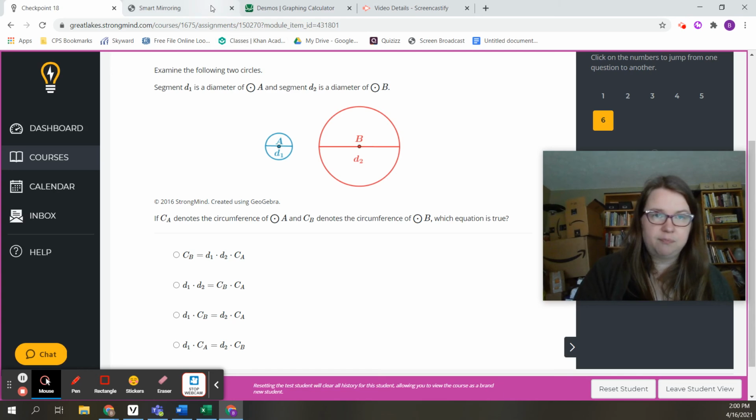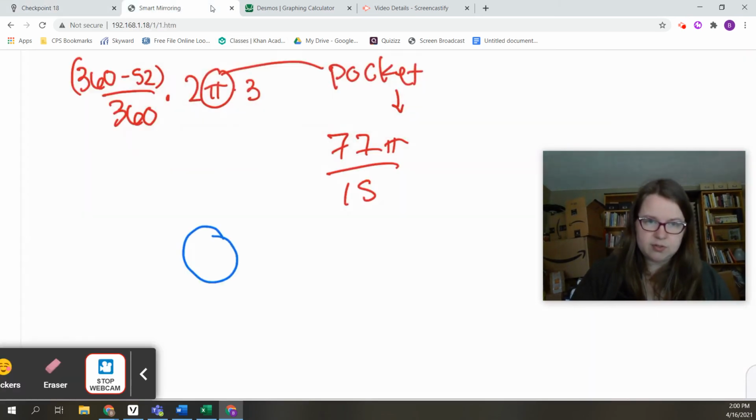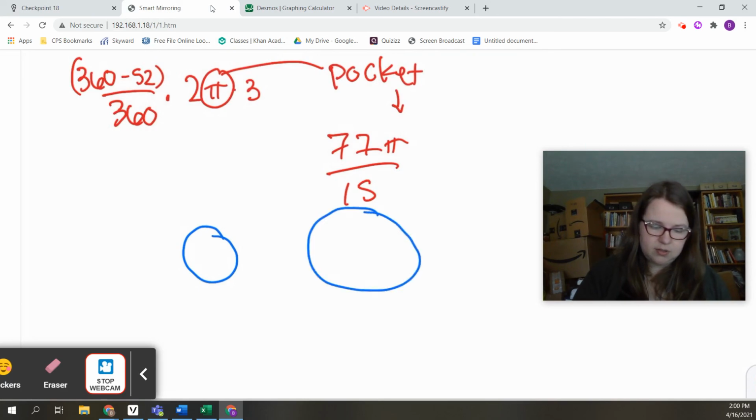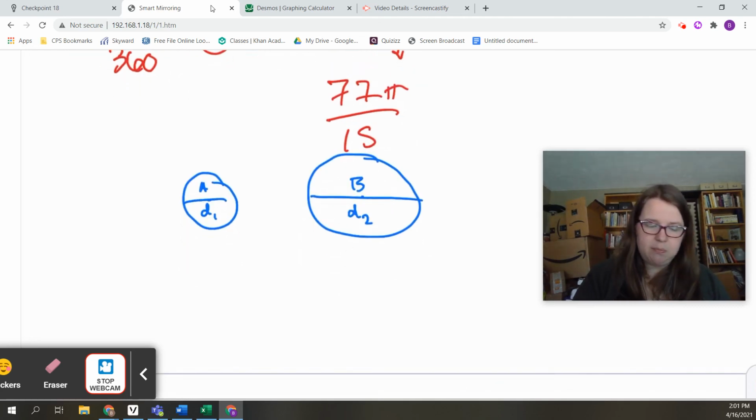With this picture, you have 2 circles, a bigger circle and a smaller circle, A and B, with diameter 1 and diameter 2. The formula for pi would be the circumference of A divided by the diameter of 1, and that would be the same thing as the circumference of B divided by the diameter of 2.